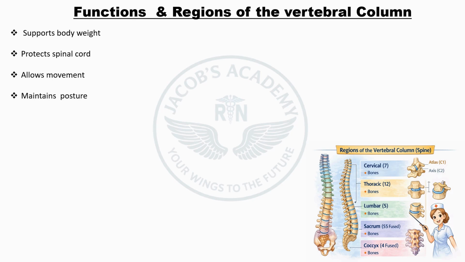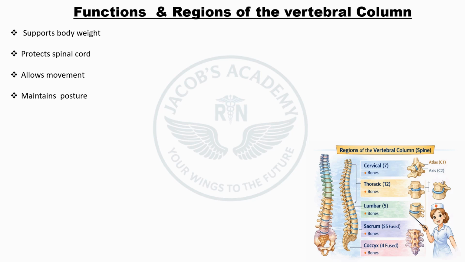First, let us understand the functions of the vertebral column. The vertebral column supports the body weight, especially when we are standing, walking or lifting. The second is that it protects the spinal cord, which is essential for nerve impulse transmission between the brain and the body.